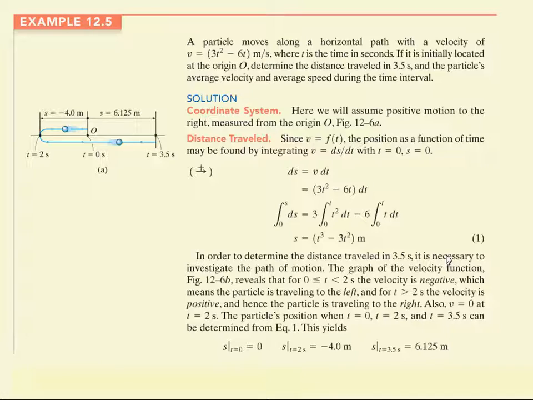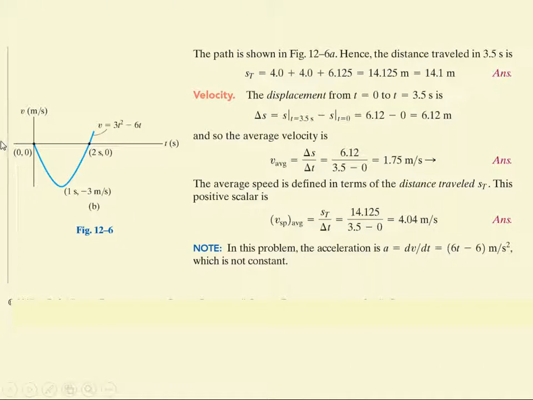So this is the distance traveled. In this case, we need to investigate the path of motion for this particular thing, although we have the description here. The velocity function that we see reveals that, if you plot this, this is what you get.